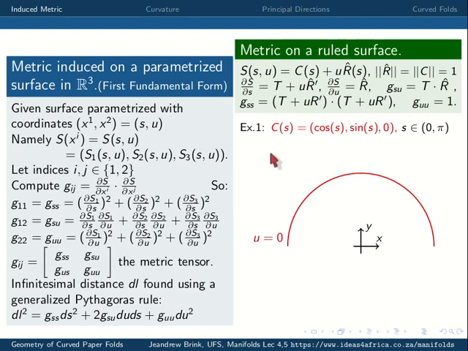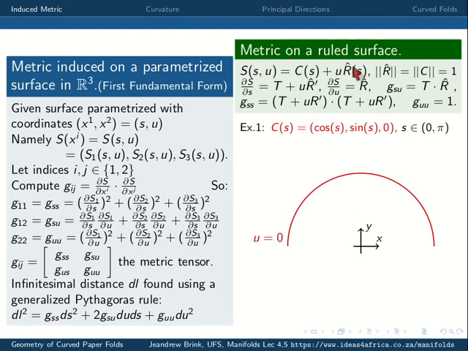Suppose our curve is a circle. Suppose we're working in 3 dimensions, but we restrict the circle just to be in the xy plane. We're going to take our parameter going from 0 to pi. So we're going to start over here, and we're going to move around here, and that's going to be our u equals 0. And so what we now want is to define the ruled surface.